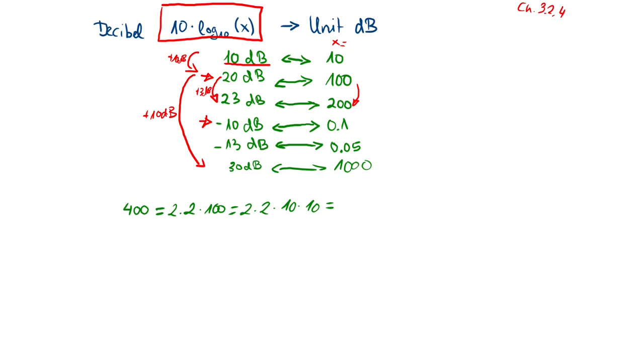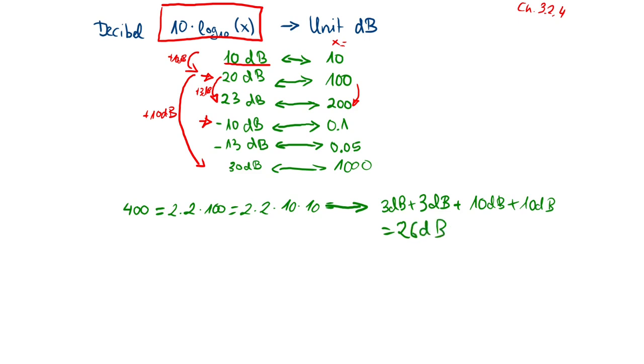And you know that 2 means 3 dB, and multiplication becomes a sum. Now a multiplication by 10 means 10 dB. And here we go. These are 26 dB.